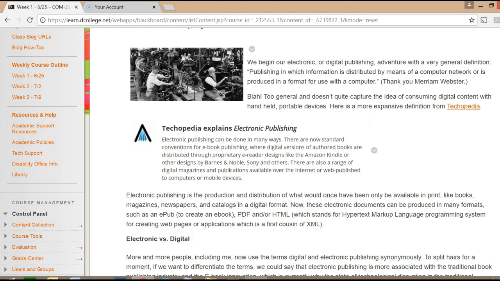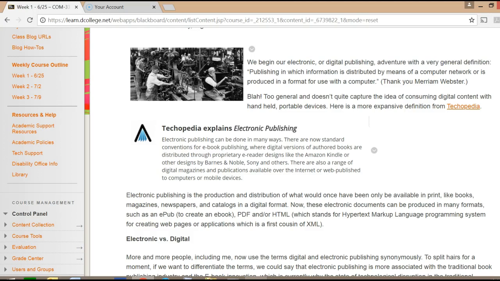Although you do see magazine publishers who just have online or digital versions of their publication. But the norm is that it is hybrid. They do both print and electronic or digital versions. So we're going to start looking at these two industries through the lens of technology disruption.